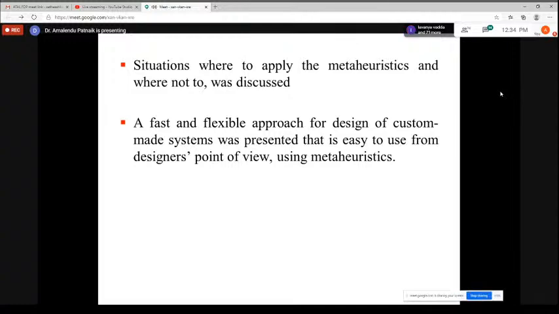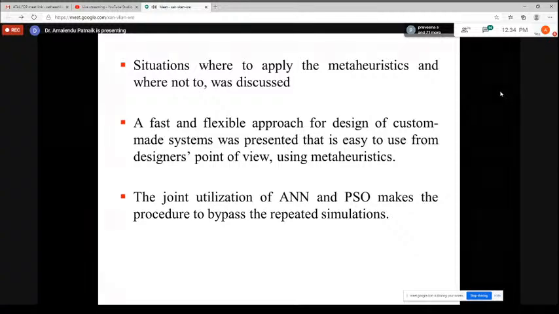So combining these two approaches or these two capabilities, we have combined them in a suitable way to design multiband antennas. So the joint utilization of ANN and PSO makes the procedure bypass the repeated simulations. By using these techniques, the repeated simulation process can be bypassed.